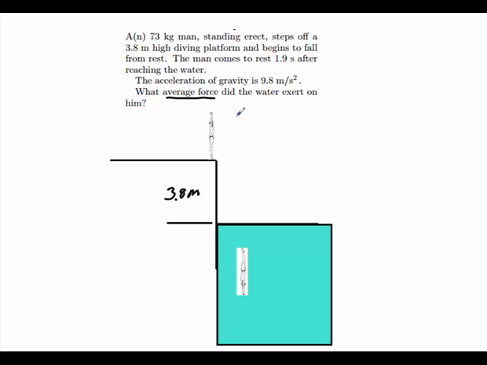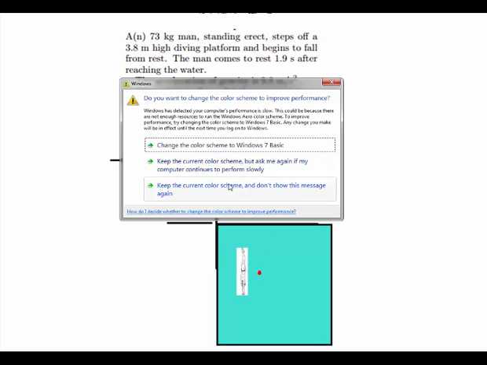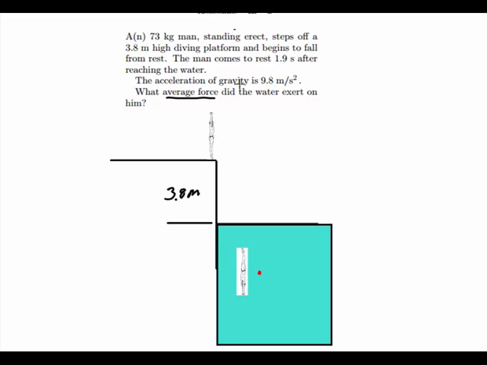Now what you don't want to do in this problem is think that the only force you're going to have is what's going to change the impulse. You've got to consider what's taking place here. So I'm going to draw a free body diagram of what's happening in the water. I'll have the diver, with mass times gravity coming down.